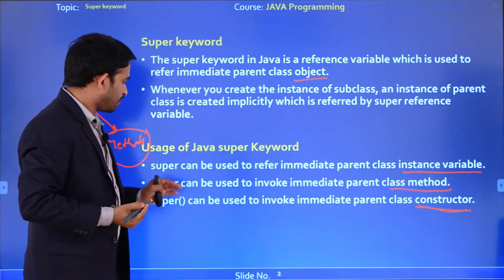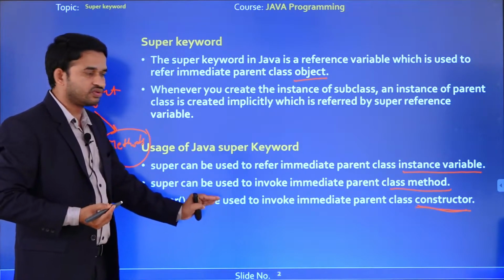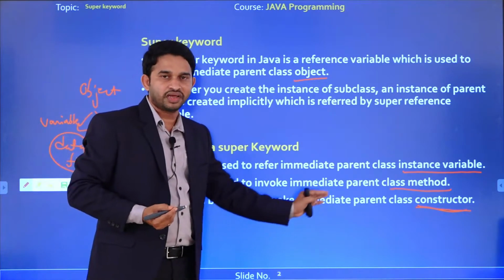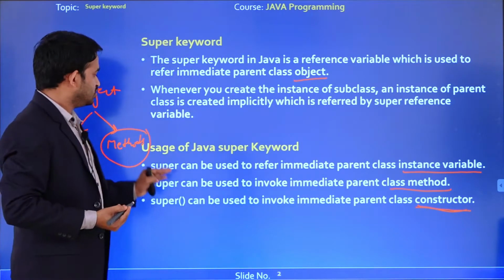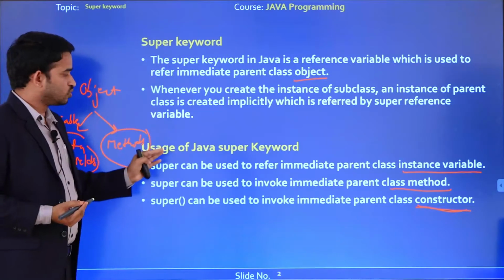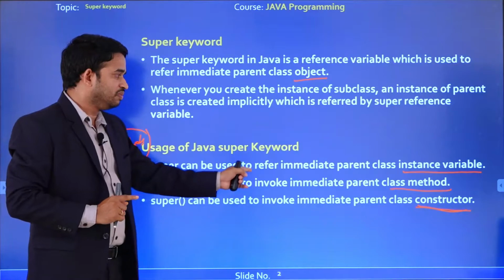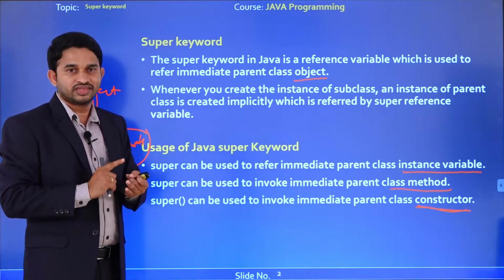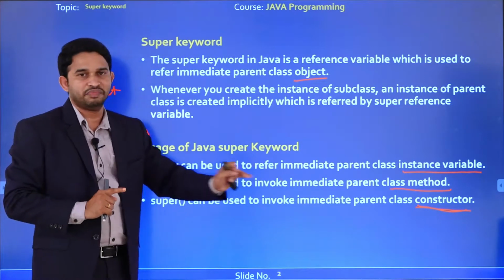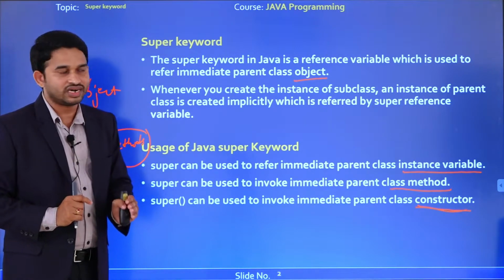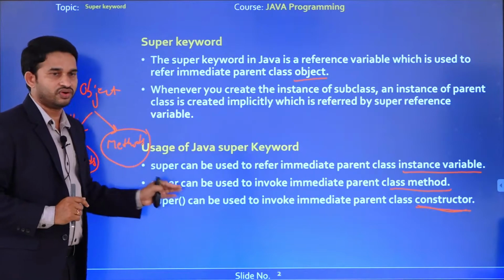So by using the super keyword we can also call the immediate parent class constructor. So the super keyword can be used in three cases: first, the immediate parent class instance variable; second, the immediate parent class method; third, the immediate parent class constructor. Those are the usages of the super keyword. Let's see them one by one.